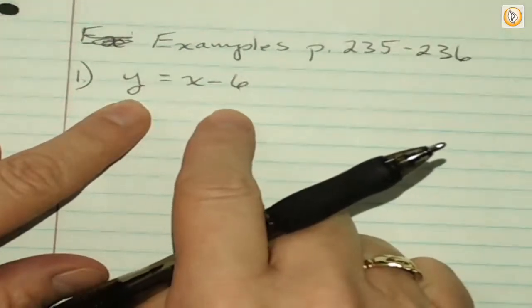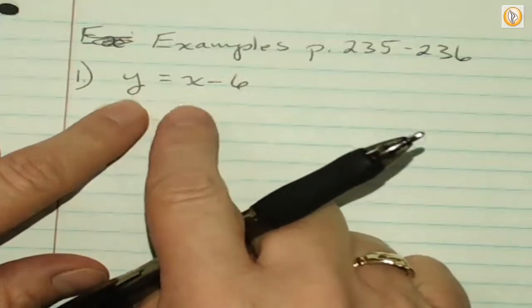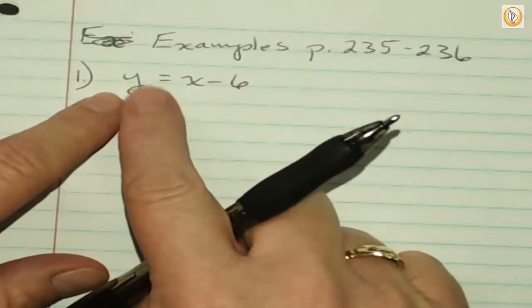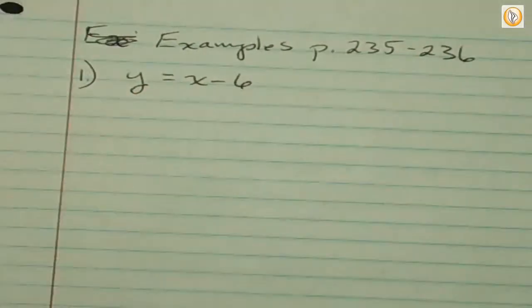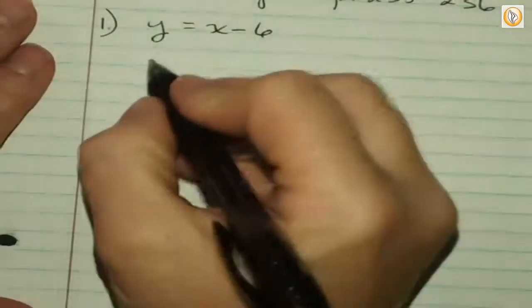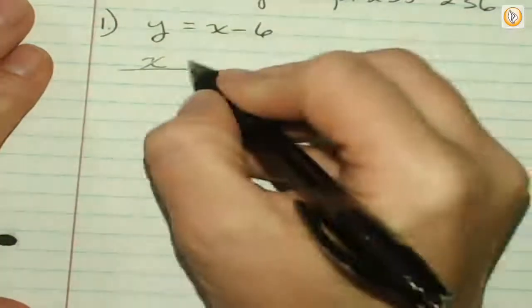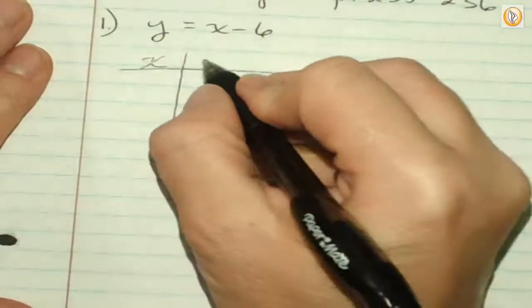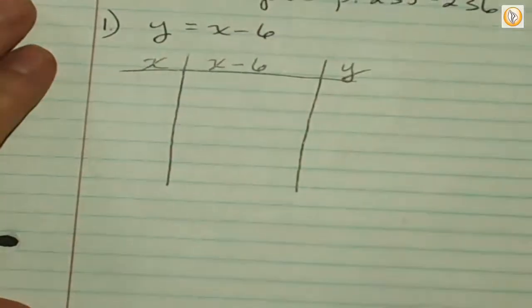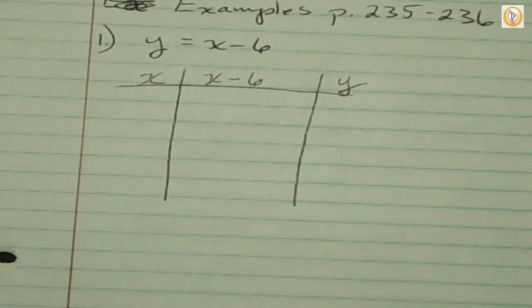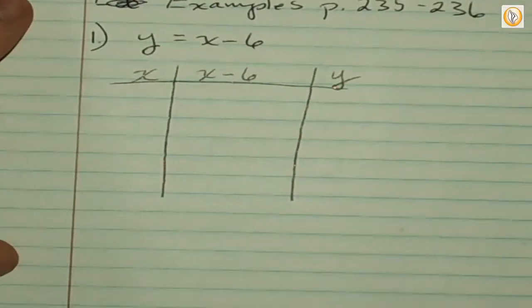If you notice in section A, the part that we're doing, they're already solved for y. They all have y equals something or another, okay? So here we go. This says make a table. So we have x, and then we're going to put our equation in here, and we're solving for y. So it says find at least 3 ordered pairs. All right, so Sophia, since this is yours, give me 3 suggested ordered pairs.